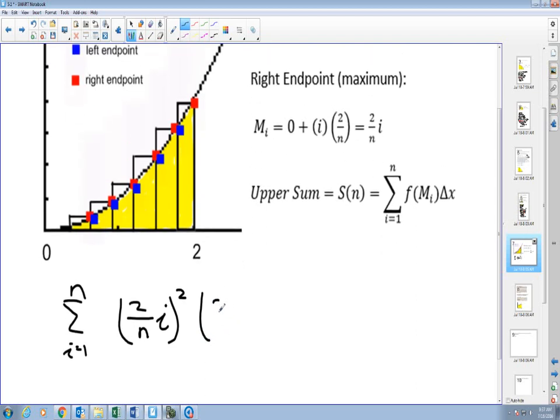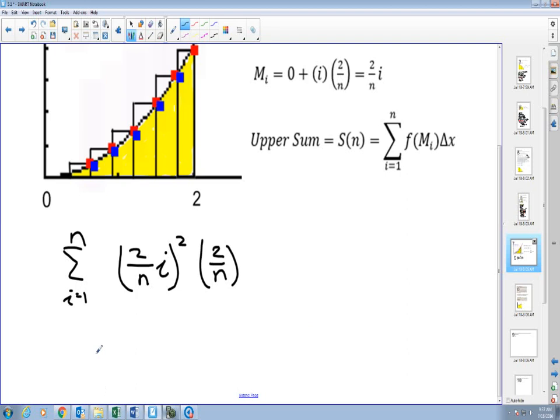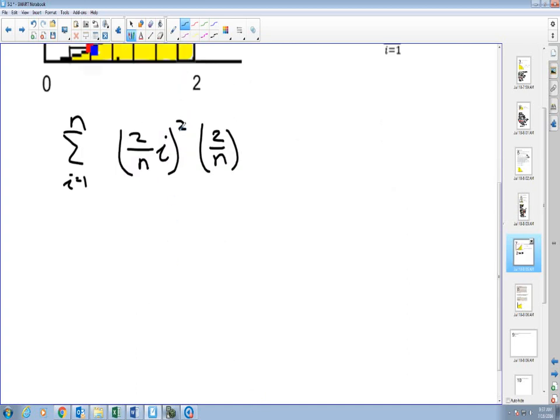This is just 2 over n again, the delta x that we wrote earlier. Just for convenience, 2 squared is 4, 4 times 2 is 8 over n squared times n is n to the third. Pull that out in front of the summation, so that allows me to isolate just my i squared.